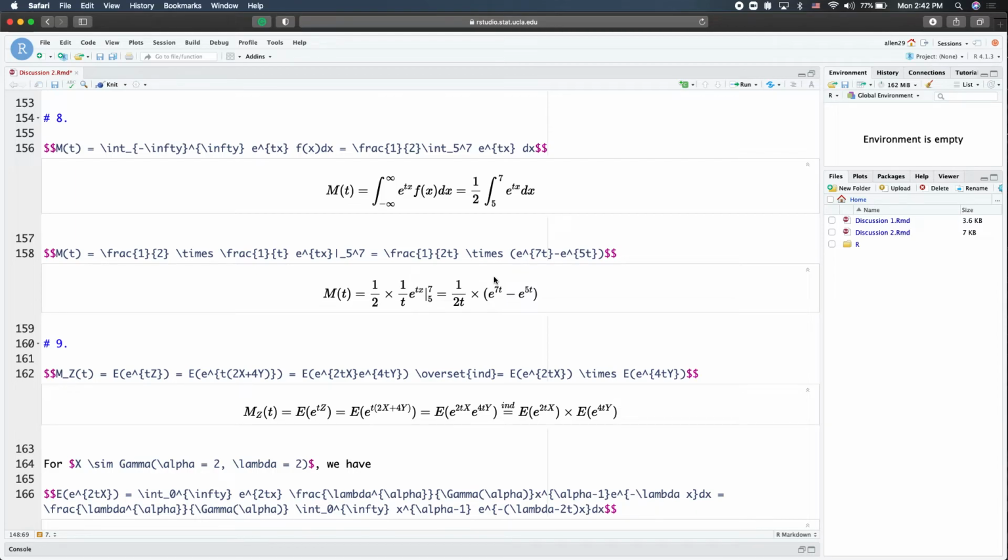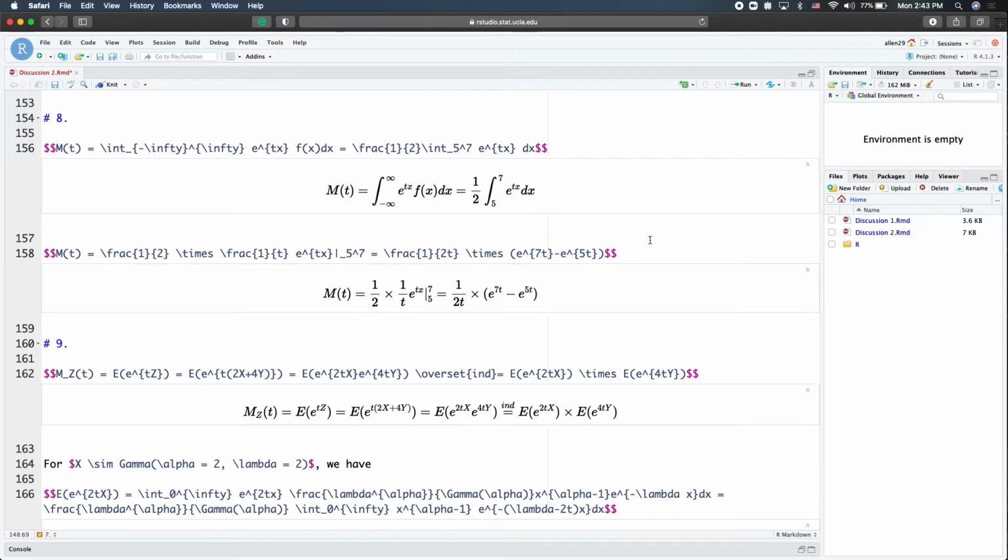Because when I Googled it, they had discrete cases, so that's why I was confused. I did both cases. I don't know about the discrete case, but the slide here is talking about the continuous case. So I just used the integral of e^(tX) multiplied by the PDF.